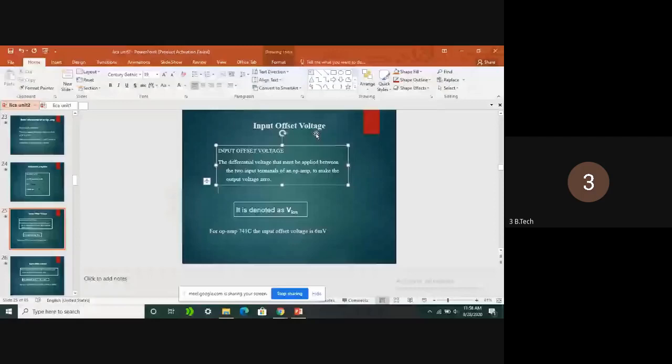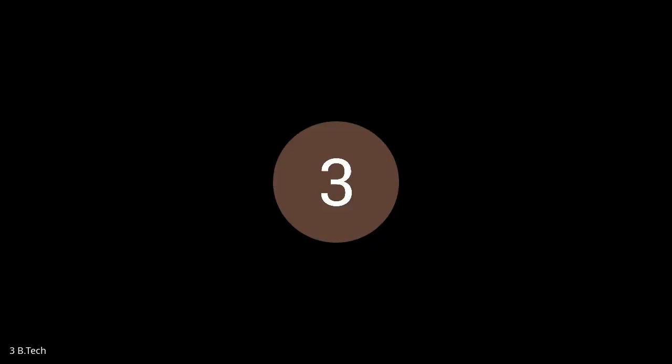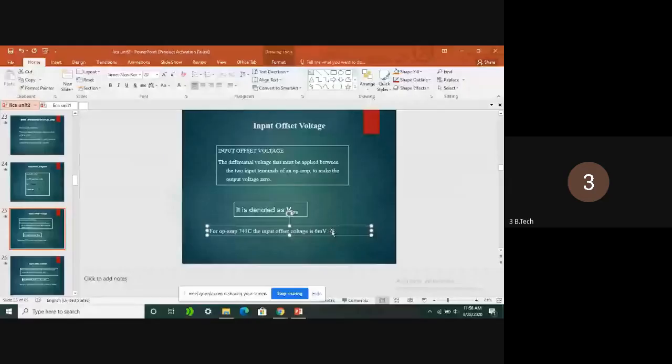For IC 741, we can see the entire unit and the features and specifications of the operational amplifier named 741. For IC 741, the input offset voltage is 6 millivolts. So 6 millivolts we need to provide internally.